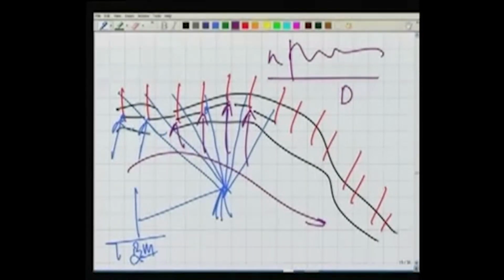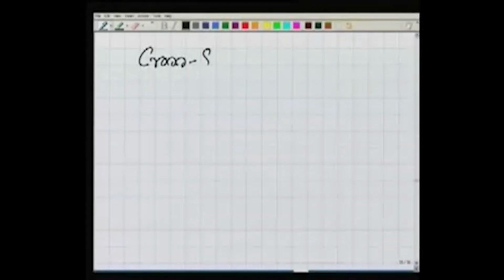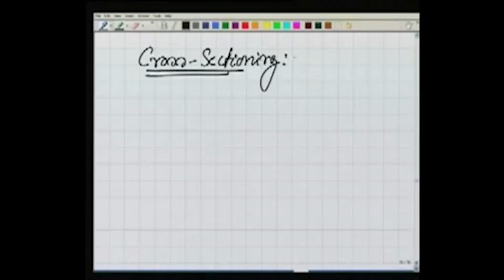Well, the second method, which is similar to this one, is called cross sectioning. What is it? In the case of the profile, we do the profile if we are interested only in a very narrow strip.